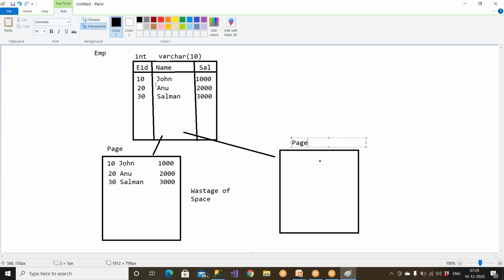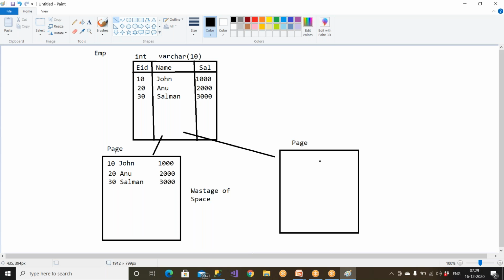Whenever you store the data, you're supposed to have 10 characters, the space is 10, but you occupied only 4 letters. Here you have 10 characters, but you occupied only 3 characters. A 10 character space will be given, but you occupied only 6 characters. So wastage of space is what I'm talking about.